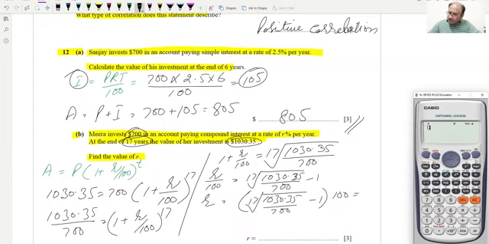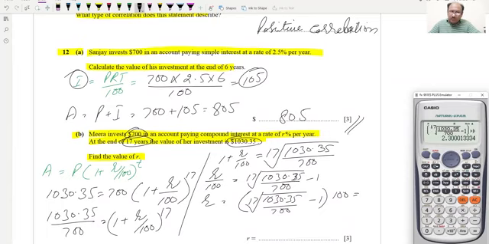So we write the 17th root as a fraction power: 1030.35 divided by 700, then minus 1 outside the root, and then multiply by 100.